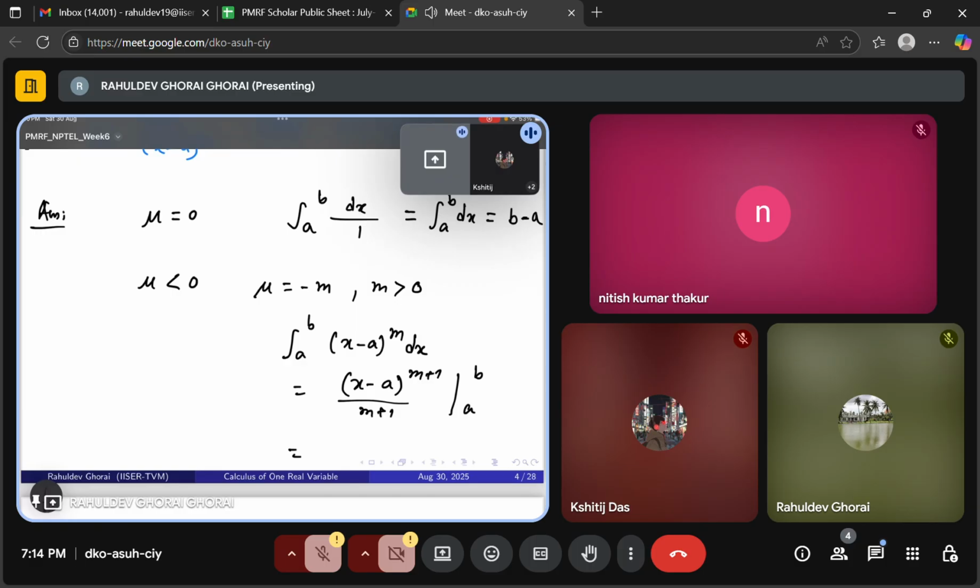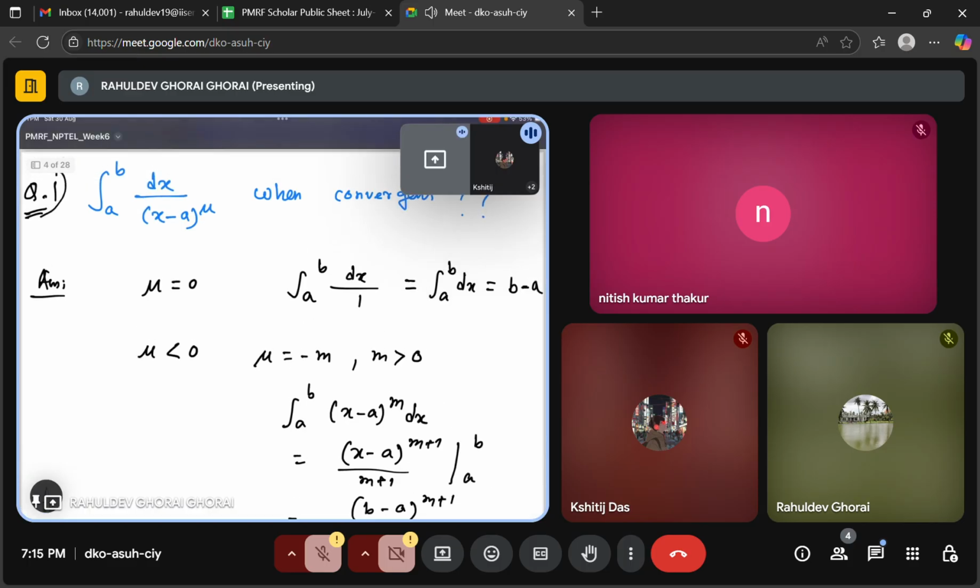At a it will be 0, and only at b it will have a value, and this value will never be singular, because mu is equal to minus m. So when mu is less than or equal to 0, there is no problem. It's a proper integral, it's convergent.